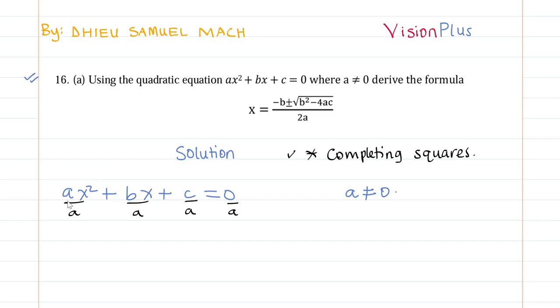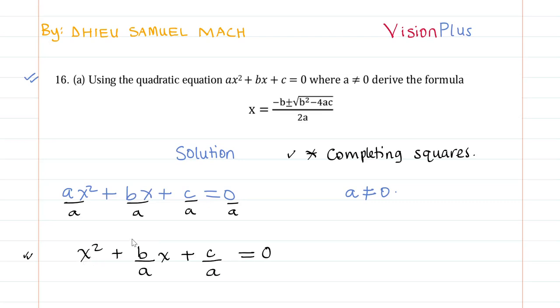Therefore, we now have x squared plus b out of a, x plus c out of a equals 0 divided by a, which is 0. If you divide 0 by any number, you get 0. So we have rearranged such that the coefficient of x squared is 1.